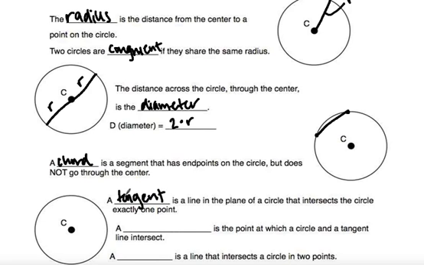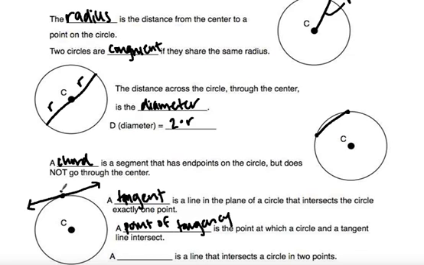A tangent is a line in the plane of a circle that intersects the circle at exactly one point. So for example, this would be a tangent because it only touches the circle right here. A point of tangency is the point at which the circle and the tangent line intersect.